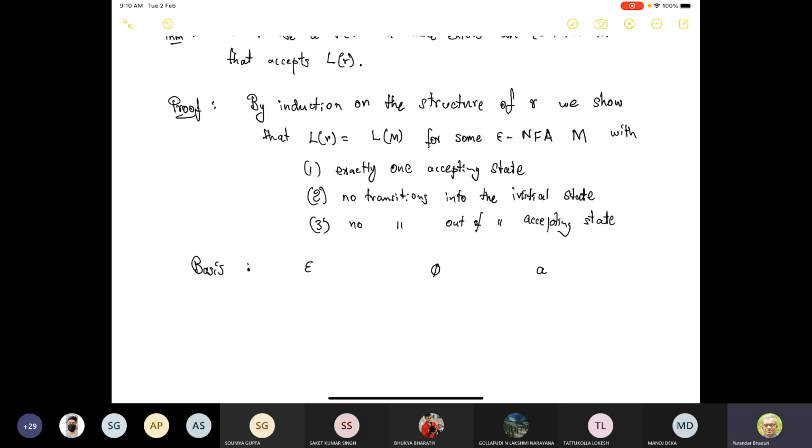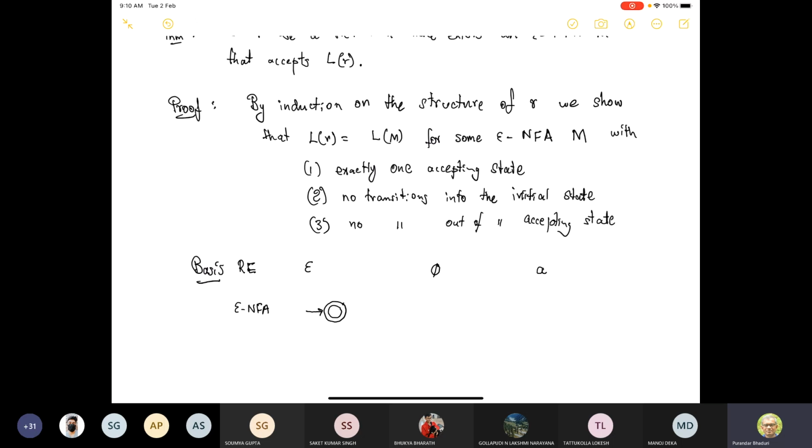So these are the regular expressions, and we want epsilon NFA for each of these. Can you give an epsilon NFA which accepts epsilon? An NFA with only one state, which is an accepting state, right?